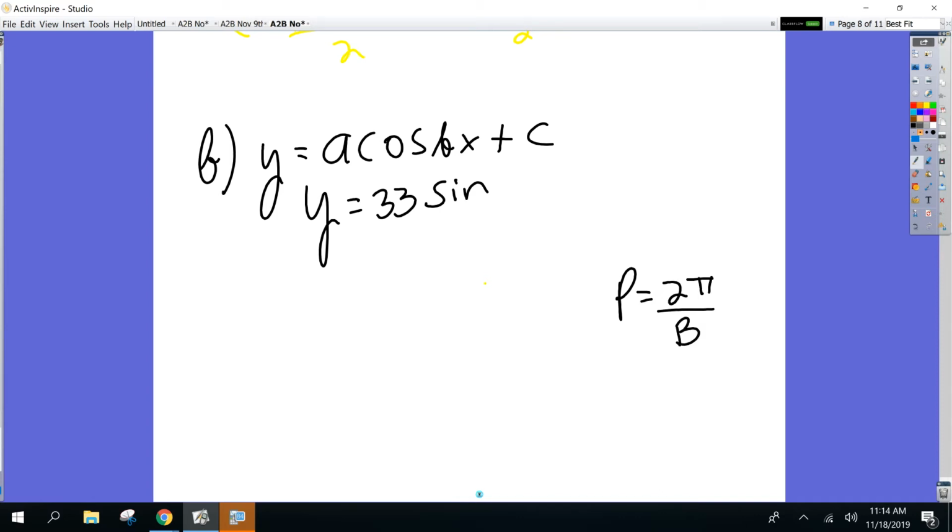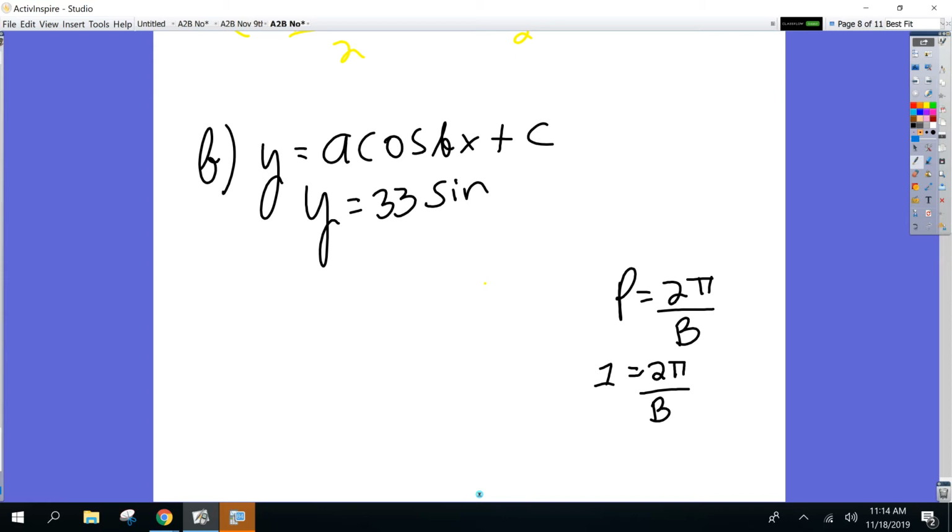What's my period? Guys, it's in the problem. You just have to read. What's the period in part B? Everyone all right why I'm putting a 1 in there for P? And I set it equal to 2 pi over B. How are you going to solve that?